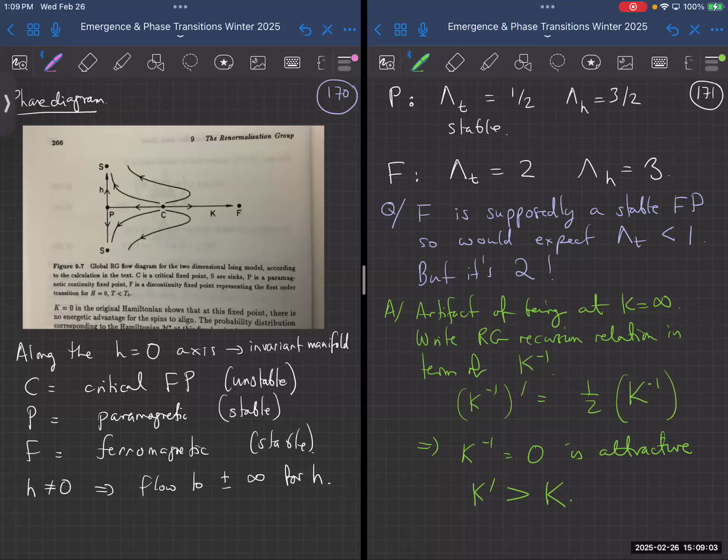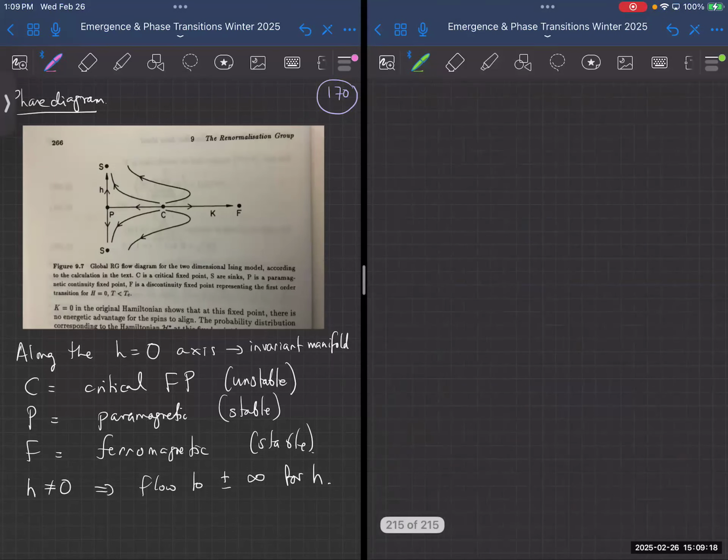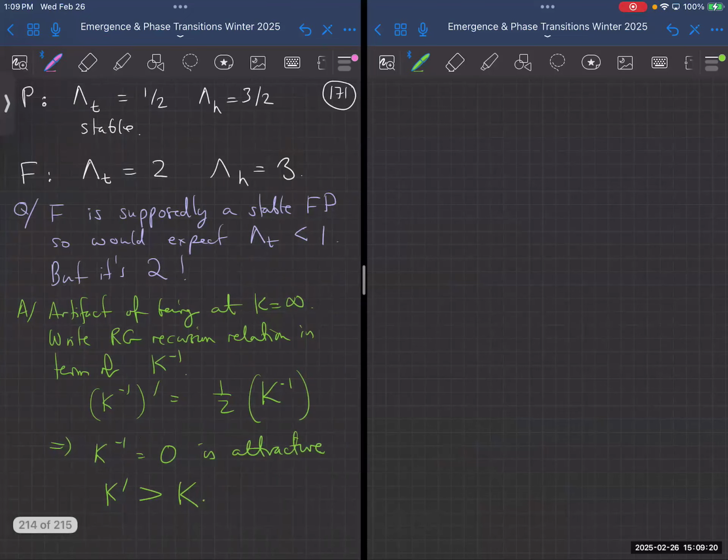So don't worry about that, because you can't really linearize about a point at infinity. You have to linearize about the inverse point at 0. Okay, so that's the first comment. There's a second comment I want to make, which is much more important. So that's comment number 1. Comment number 2.